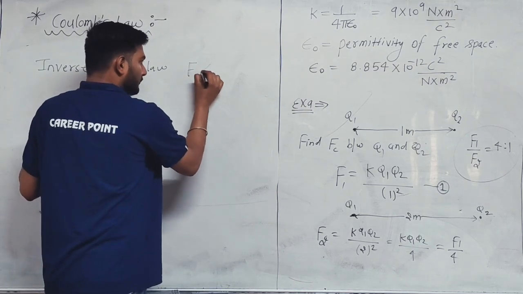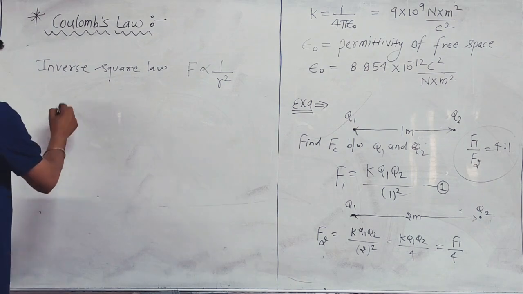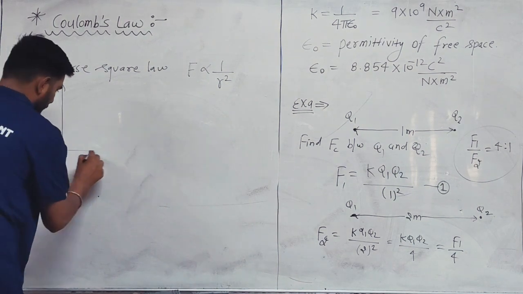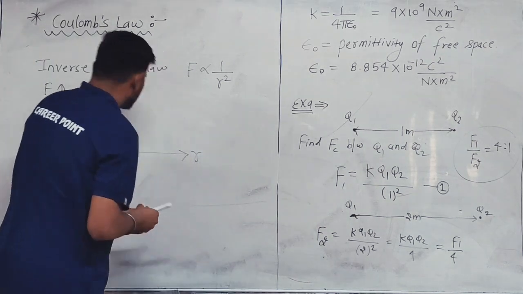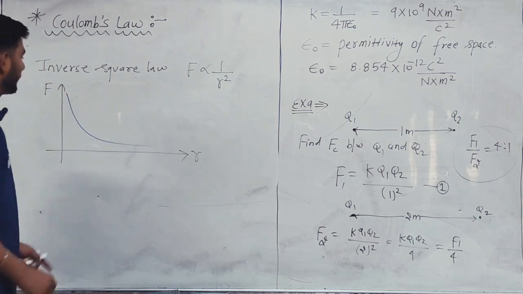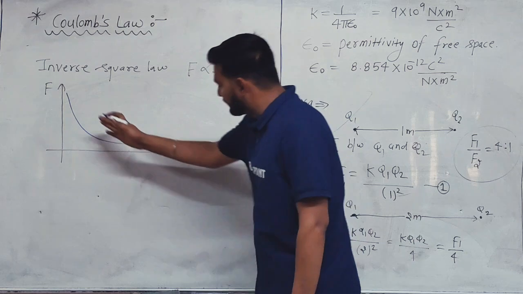Force is inversely proportional to the square of separation. When we plot force versus R, the graph will be like this. As distance increases, force decreases.